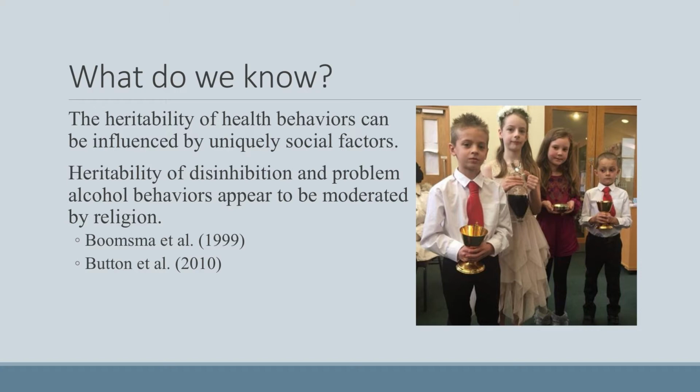Heritability of disinhibition and problem alcohol behaviors appear to be moderated by individual level religion. There are two primary papers that show this. Boomsma in 1999 looked at the effect of individual religion on the heritability of disinhibition amongst adolescents, and Button et al. also used a twin study to look at alcoholism, I think, and binge drinking.